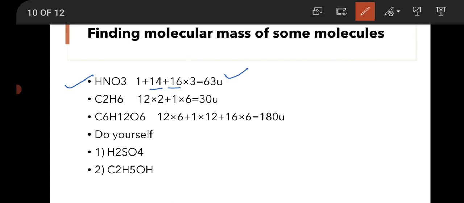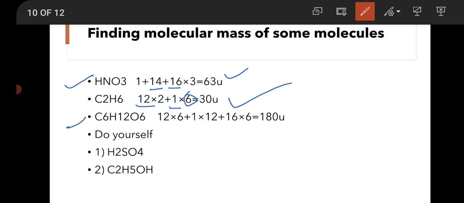Carbon atomic mass is 12 and you have to multiply it by the number of carbon atoms, that is 2, plus hydrogen atomic mass is 1 multiplied by the number of hydrogen atoms, that is 6. You will get 30 U.